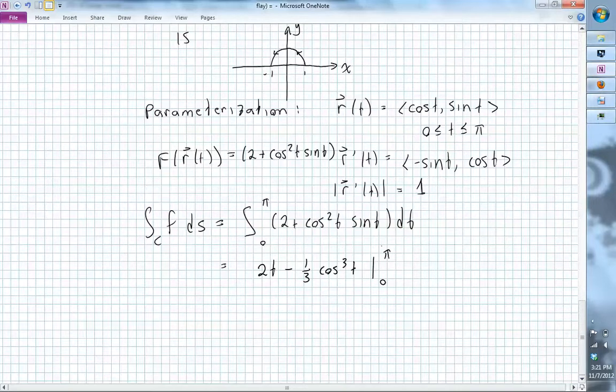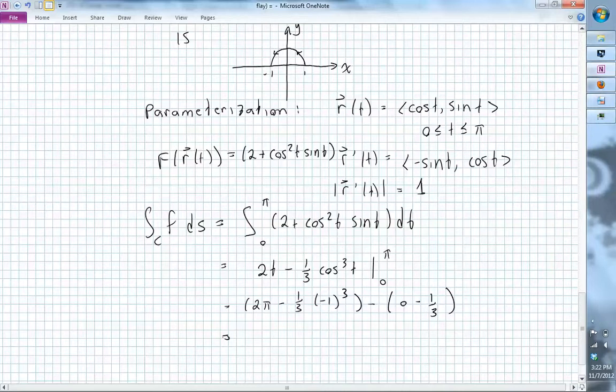All right, plug in pi and 0. Pi, what is that, -1 cubed? And 0. Okay, so if I did my arithmetic correctly, that turns into, let's see here.